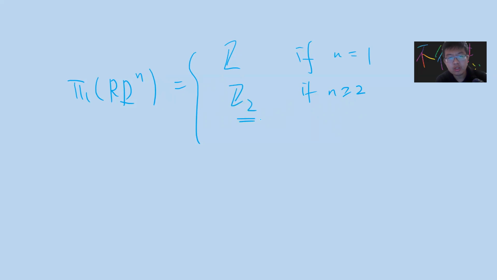Z2 means that there is one non-trivial loop, but if you do that non-trivial loop twice, then you get trivial. So basically, you can try to think about the intuition of how this Z2 comes from.